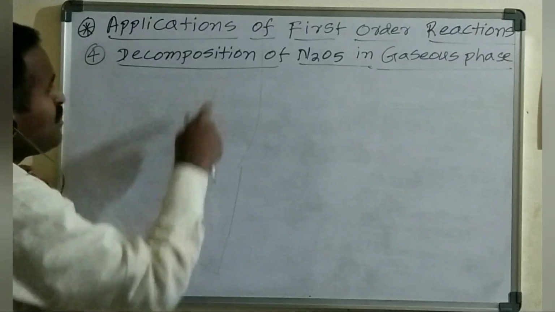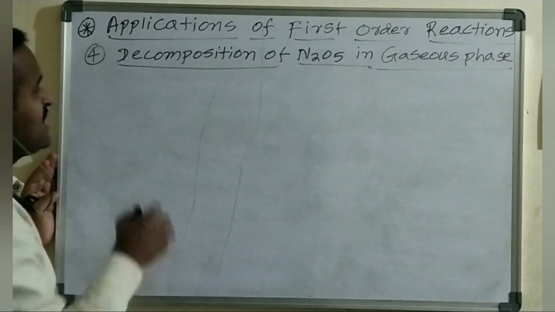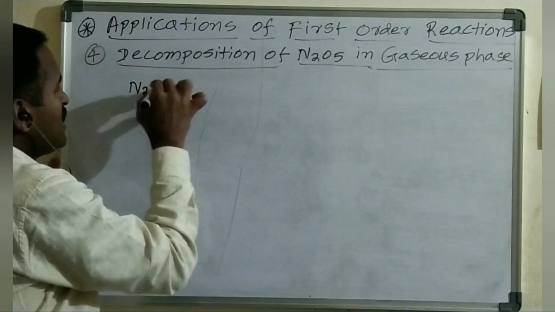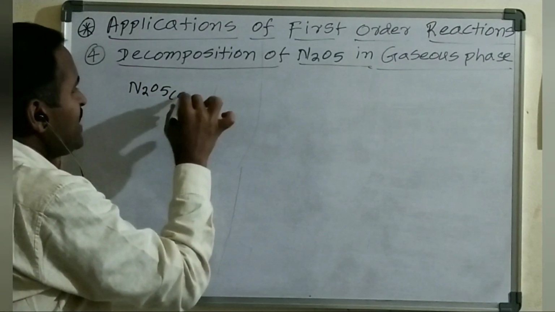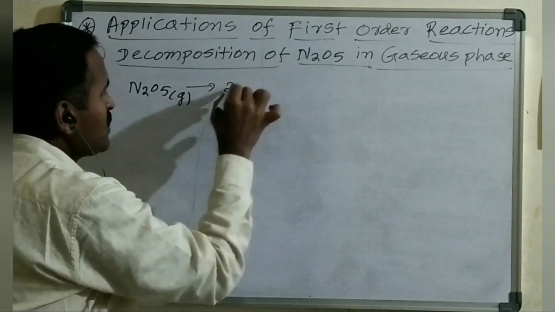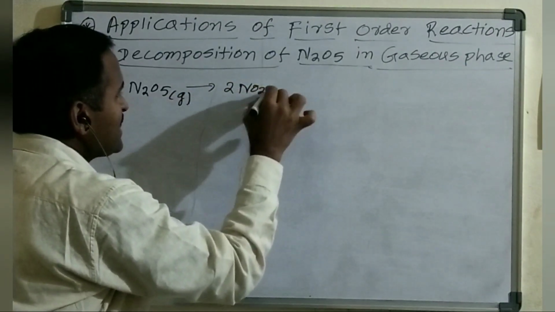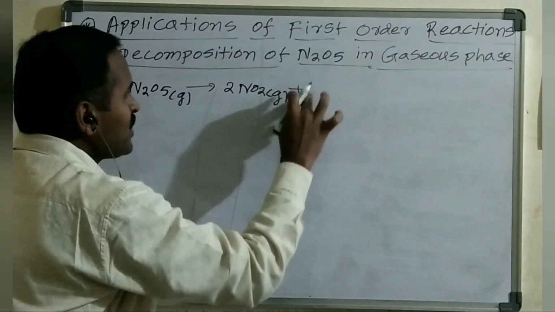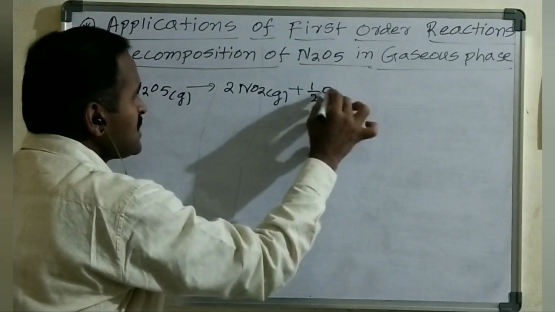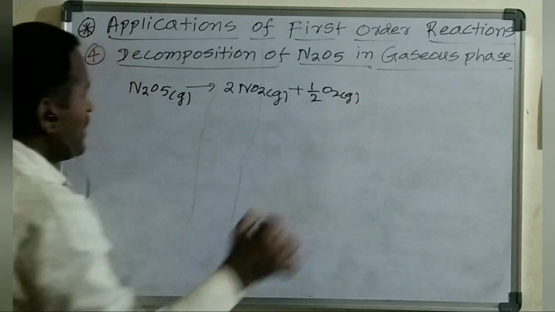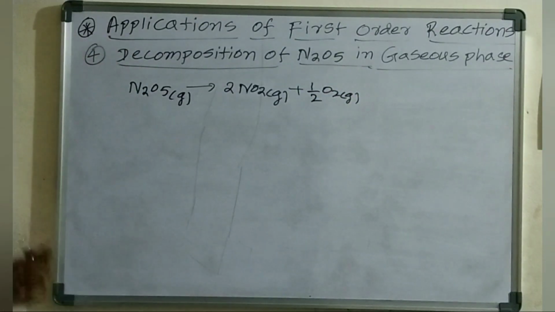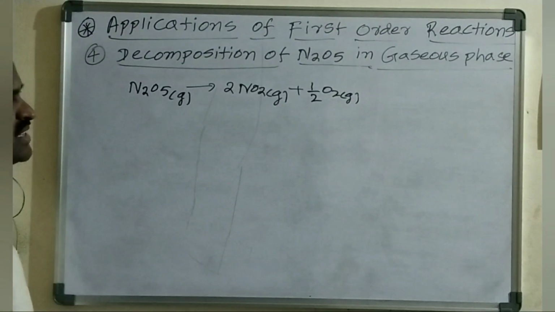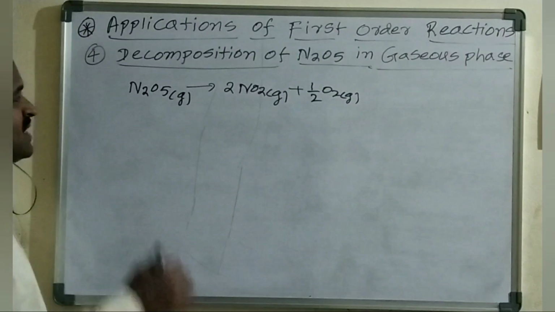The fourth application is the decomposition of N2O5 in gaseous phase. N2O5 in gaseous phase will be decomposed into 2 moles of NO2 gas plus half mole, 1 by 2 mole, of oxygen gas.